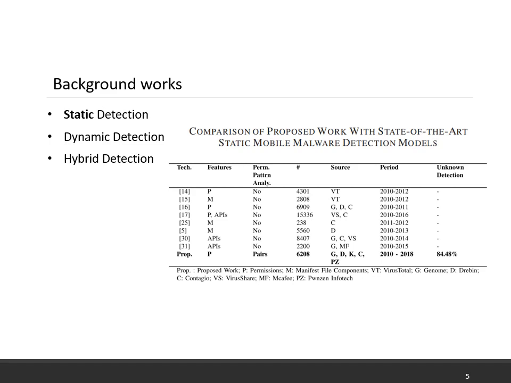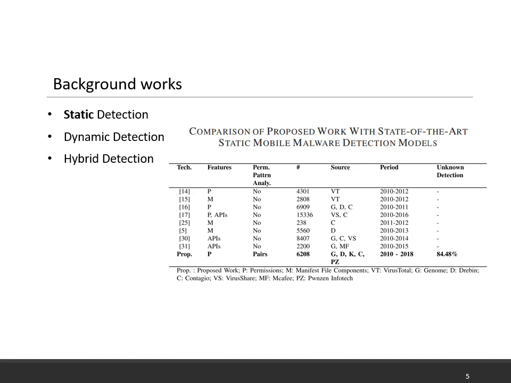I will talk about the sources we use in this research, but the features used in static mobile malware detection models are P for permissions, M for manifest files, and API. Here we compare the proposed method with the previous existing models.